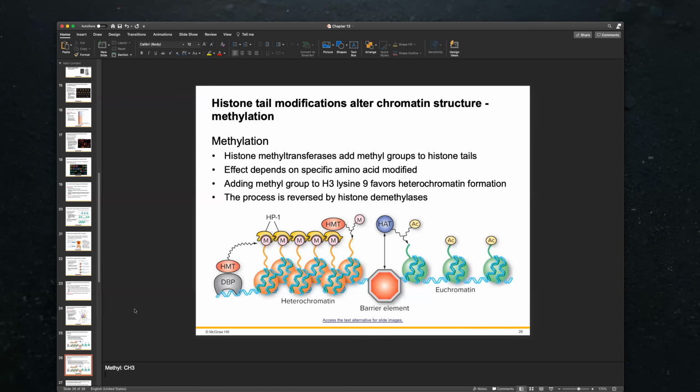So that's going from the right in that diagram to the left, which is why on the left you see the M's. Those are the methyl groups. The HMT, the histone methyltransferase, takes a methyl and attaches it to the histone. The HAT, the histone acetyltransferase, attaches the acetyl group.